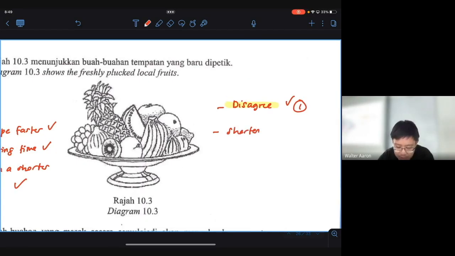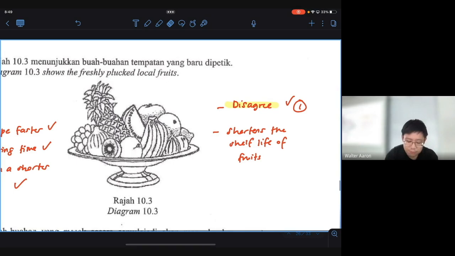So this is another explanation. It shortens the shelf life. Okay, shelf life means how long we can store it before it spoils.